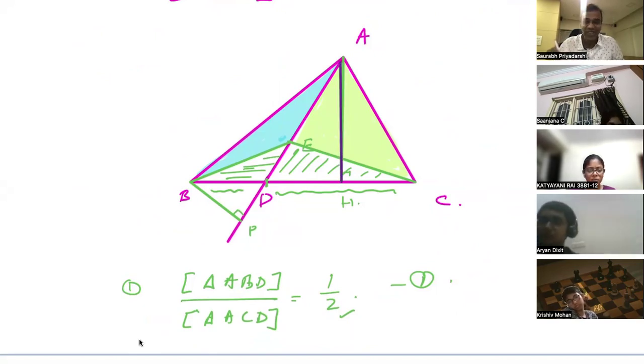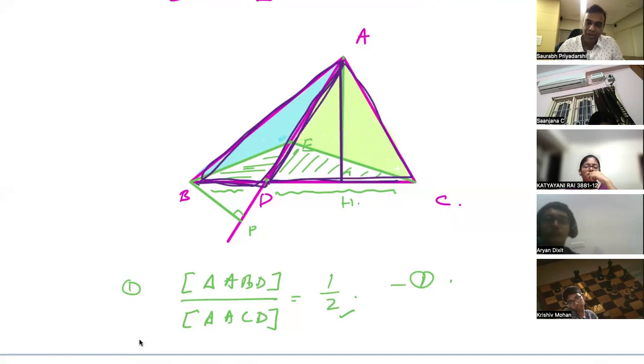Right. So if you get the same height for two triangles, you can see this triangle, the obtuse angle triangle. You are getting the same height. This triangle, you are getting the same. So directly you can say the area will be in the ratio of BD is to DC only.